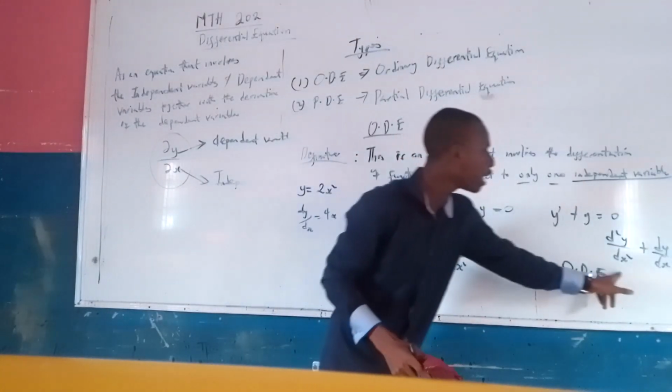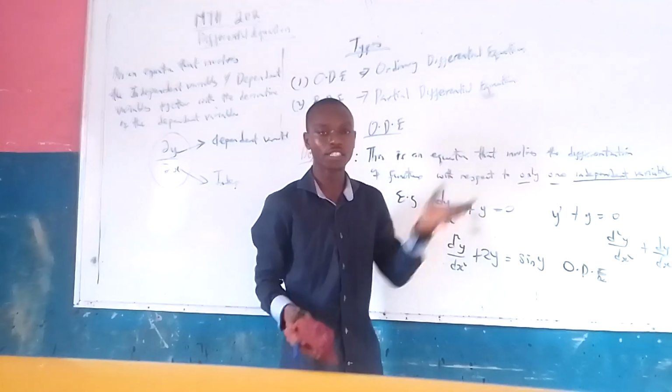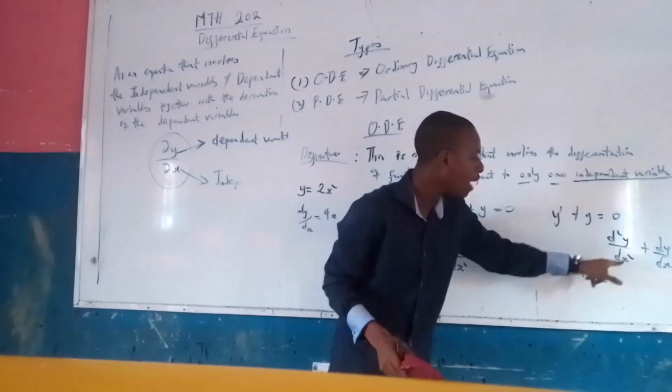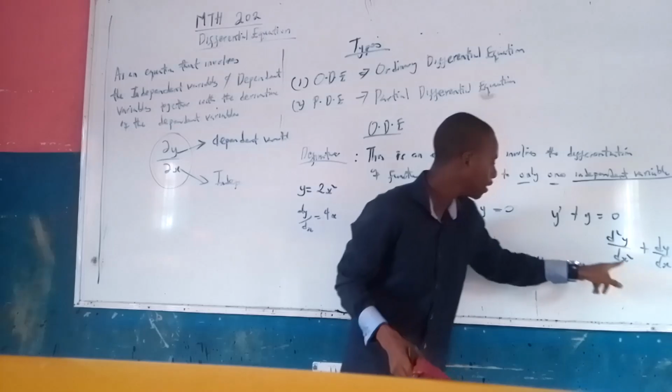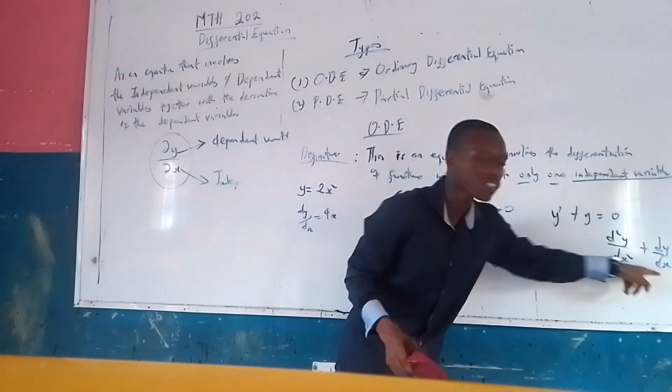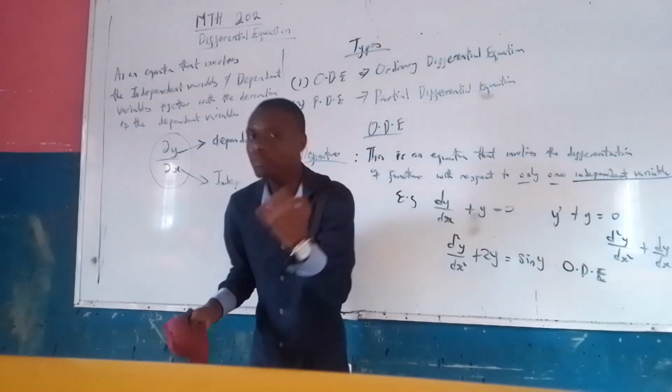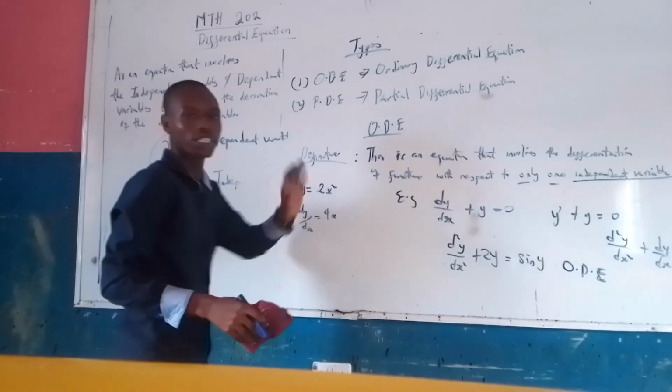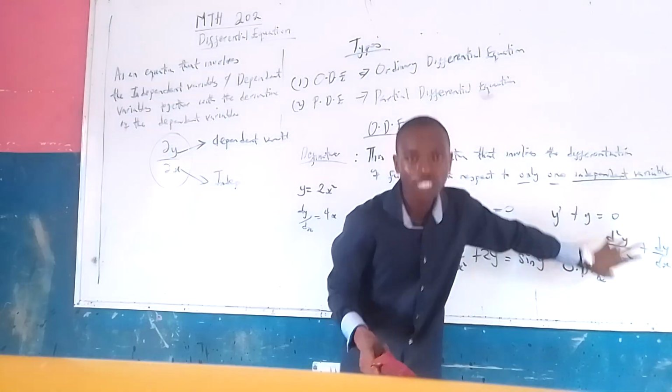Although I'm having two derivatives here of different form, this is dx, this is dx, so it still has the same independent variable, and I can still say this is an ODE.